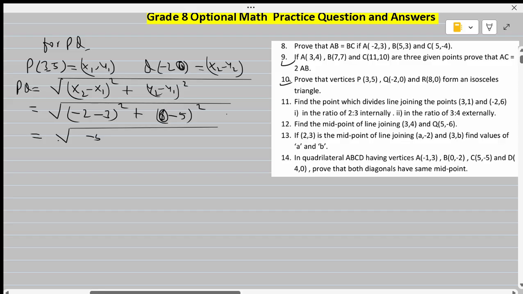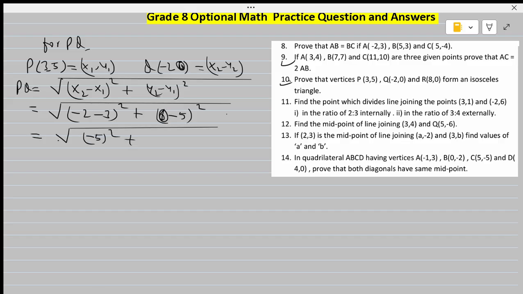Okay, -2 minus 3 is -5 squared, 0 minus 5 also -5 and squared. So -5 squared gives you plus 25, and next -5 squared also 25, and now their sum is 50. So square root 50 units. So we got PQ equal to square root of 50 units. You can break it down, I'm keeping it the same for now.